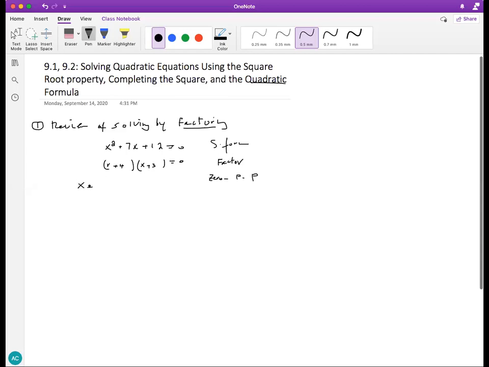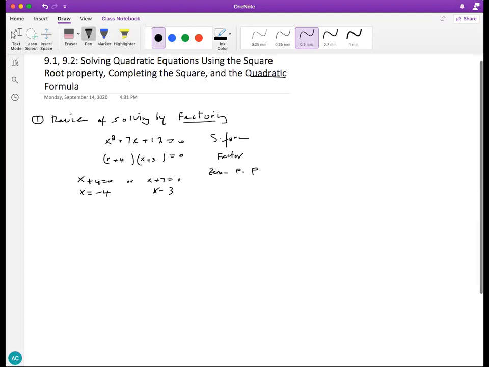So x plus 4 or x plus 3 equals 0. Then you solve these resulting first-degree or linear equations. x is negative 4, and here x is negative 3. So that's the solution set of this equation using factoring.